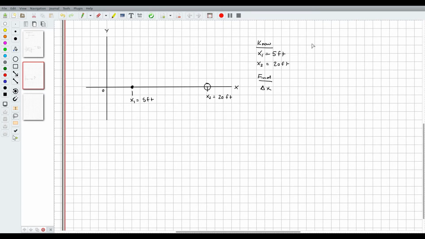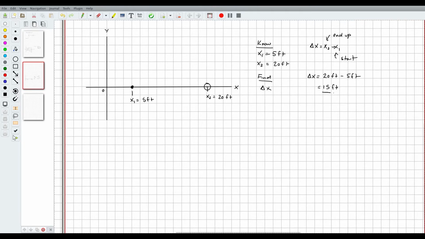Now, the equation for displacement, at least right now, is x2 minus x1. Where you end up minus where you start at. Okay, that's conceptually how I want you to think of it. So, delta x is x2 minus x1. That's 20 feet minus 5 feet, which is 15 feet.